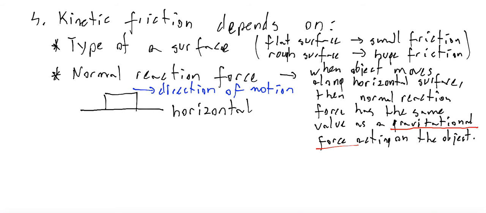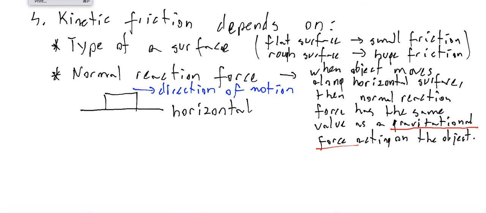Frictional force doesn't depend on the surface area, on the area of contact. If we have the same object placed on one side or the other side, the surface is the same and the mass of the object is the same, then friction must be the same. Is it clear? So we have two main factors, type of surface and normal reaction force or gravitational force, which is the same. Okay, please copy this.